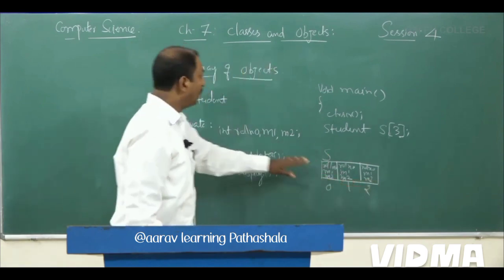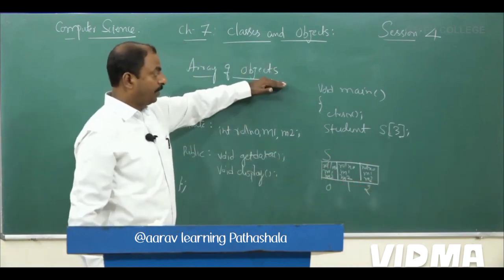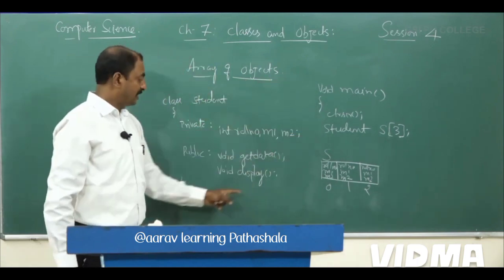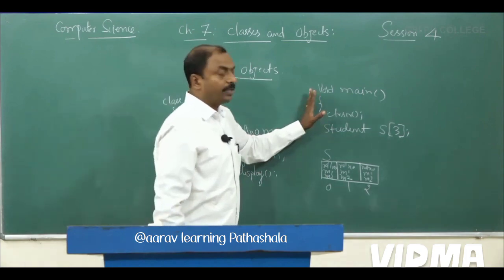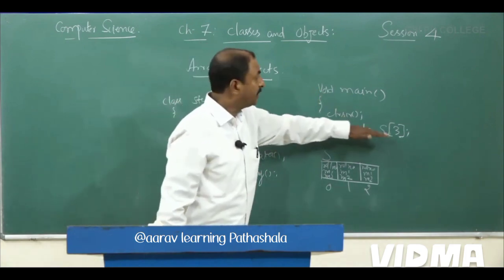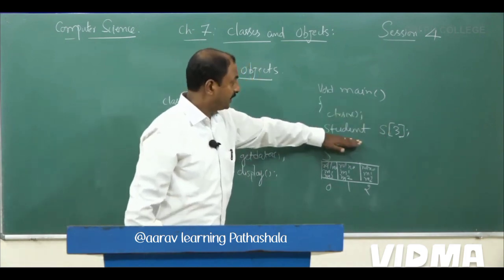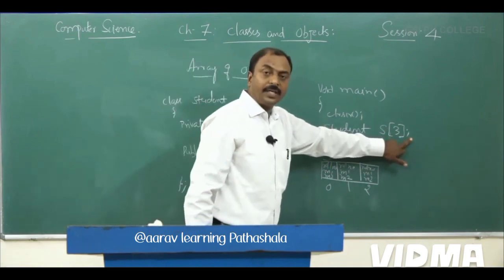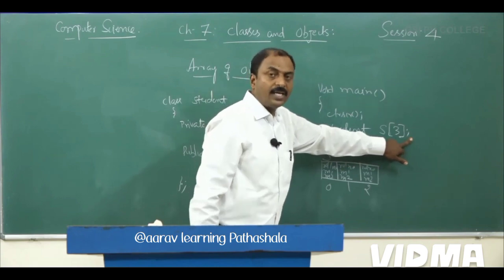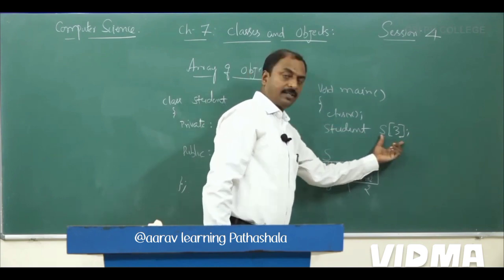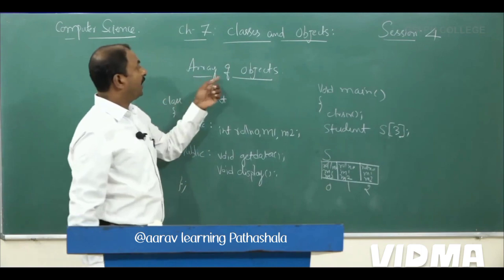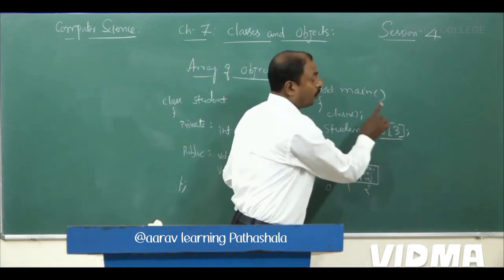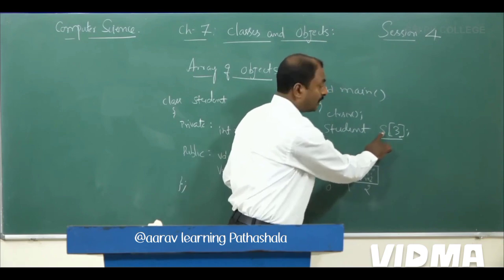Now let us write a simple program to understand how we use an array of objects in a program. Look at this example here. This is the class. In main, we have to create an object of the class. In this example, if I write here student s of 3, this is an array here. So that is the meaning of array of objects. This is not one object; it consists of 3.